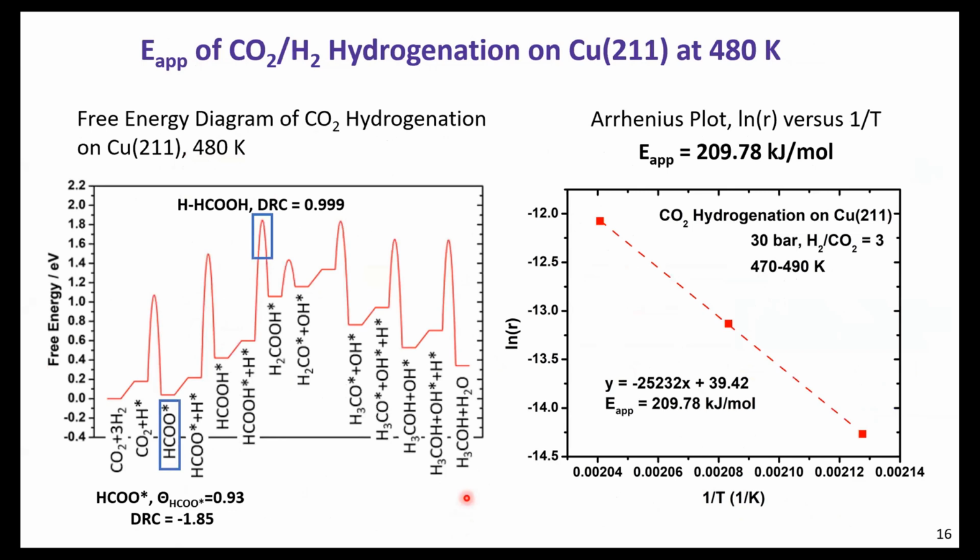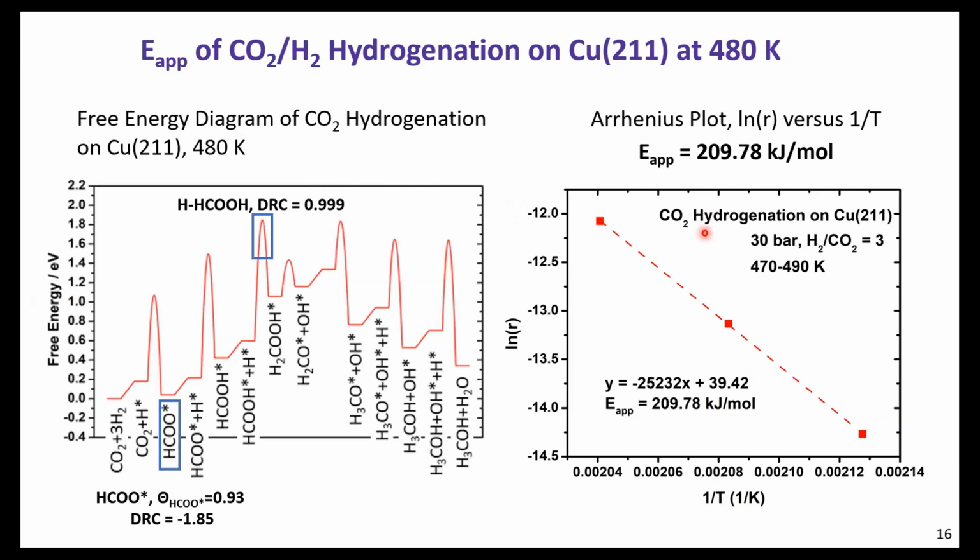To show how it works for a more complex reaction, we use the hydrogenation reaction we studied before. If we use the reactants as the zero point for the energy, then only 2 species have non-zero DRC and non-zero enthalpies. For comparison, I calculated the apparent energy using the rate from a microkinetic model in a range of temperatures.